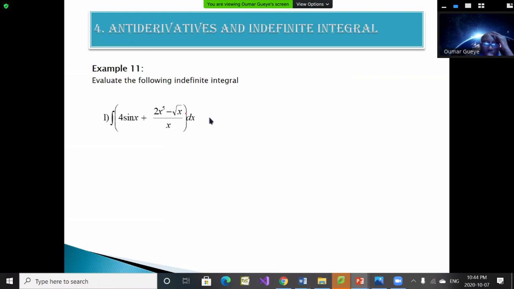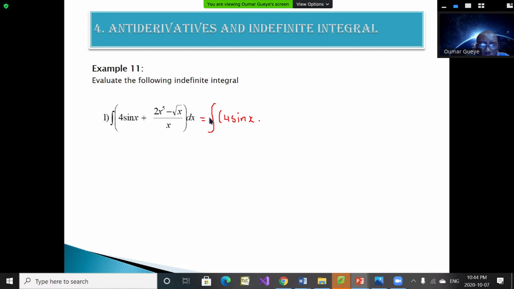All right, so here I just want to calculate this example. So this is equal to the integral of 4 sine x, sorry. The first term is quite easy to integrate, but the second term here looks complicated. That's why I need to transform it, to simplify it.